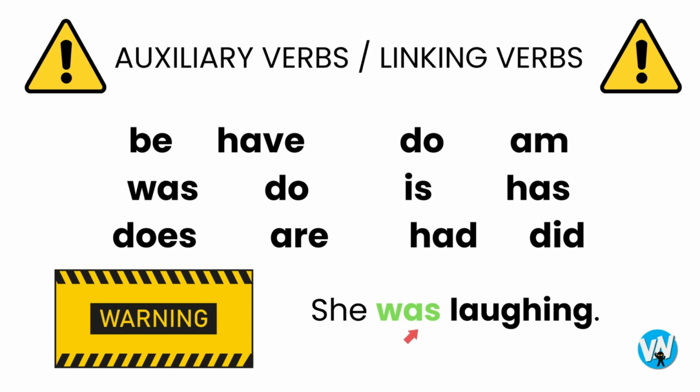So again, we've got 'she was laughing.' 'She laughing' being the verb wouldn't make sense. So we've got 'was', which helps us. It could have been 'they were laughing' or 'he is laughing.' So these linking verbs, was and has and were, help the verb to form.